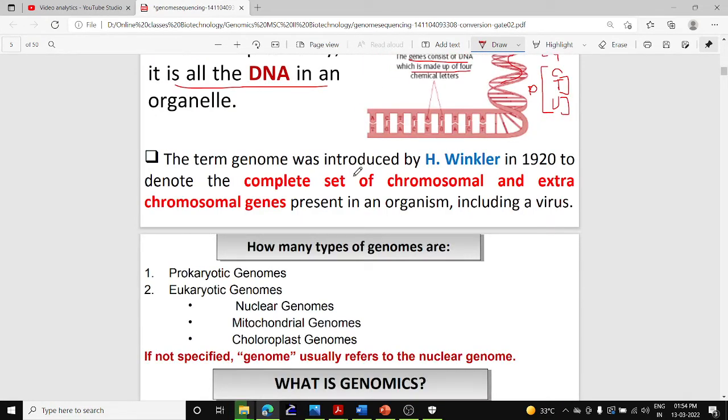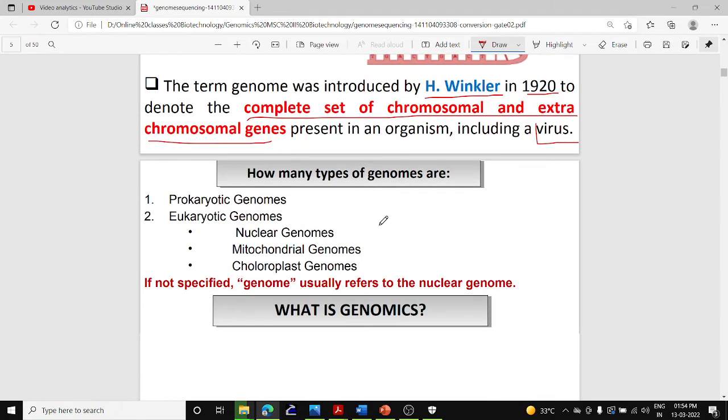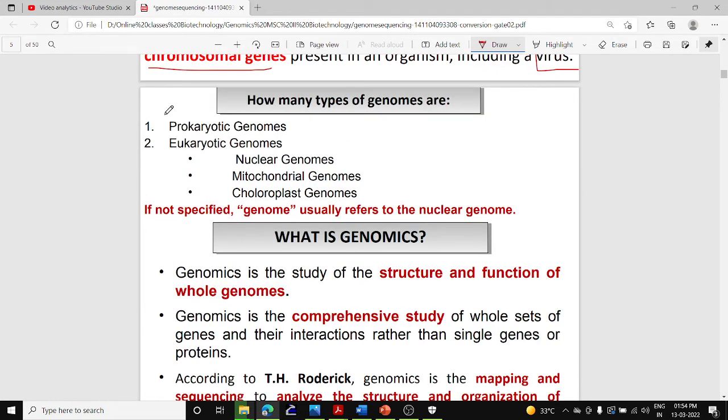The term genome was introduced by H. Winkler in 1920, to denote the complete set of chromosomal and extrachromosomal genes present in an organism, including viruses also. How many types of genomes are there? Prokaryotic genomes and eukaryotic genomes. Within eukaryotic, there is a nuclear genome, mitochondrial genome, and chloroplast genome.